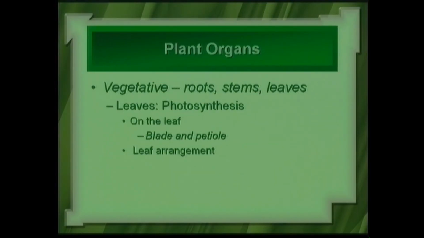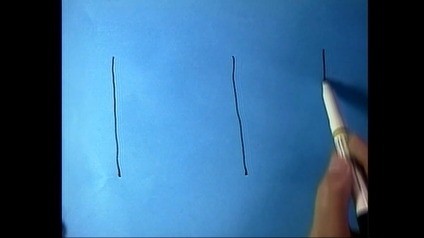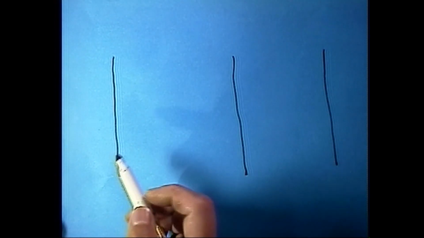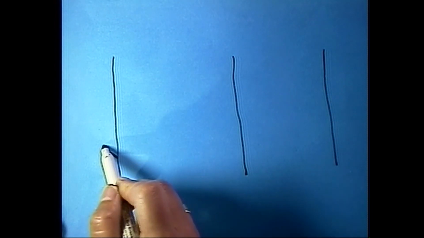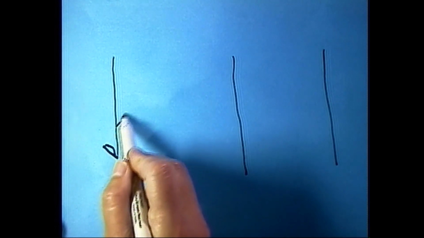Now, leaf arrangement includes several types. Here I'll have an illustration drawn of this, and next time I'll have some examples for you to see. There are three main types of leaf arrangement. If this were a stem, and this were a stem, and this were a stem, three different stems in a line drawing, and you have a stem that has only one leaf coming off from each node.